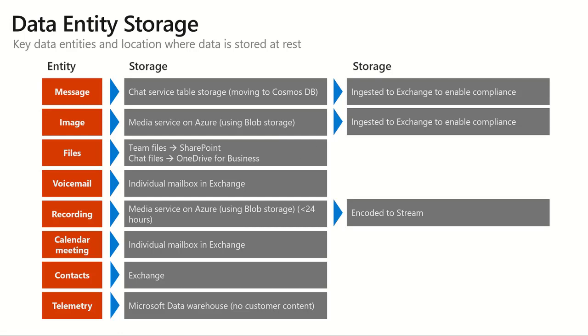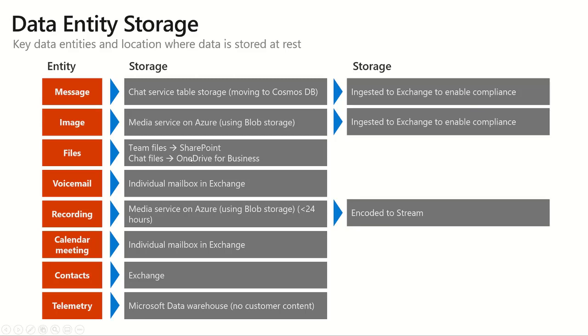It is also ingested to Exchange to enable compliance for information retention, information discovery, etc. Images are stored on a media service on Azure using Azure Blob Storage, and are also ingested to Exchange for compliance purposes. Files, as I mentioned, are stored in SharePoint or OneDrive for Business.